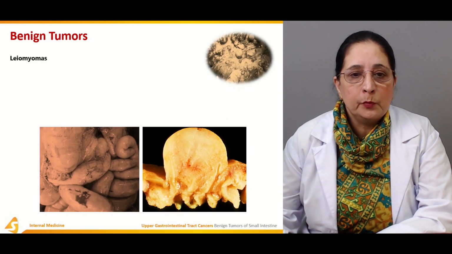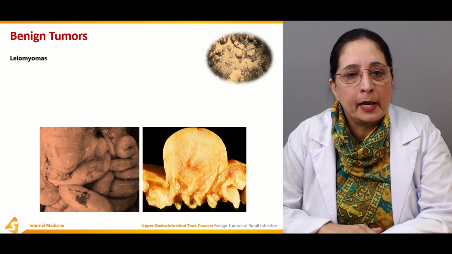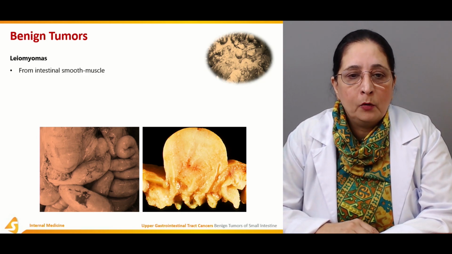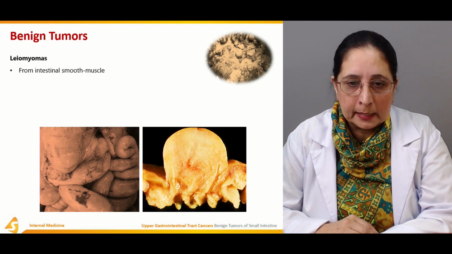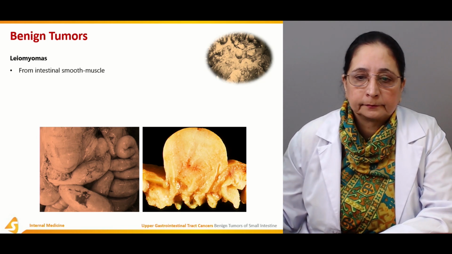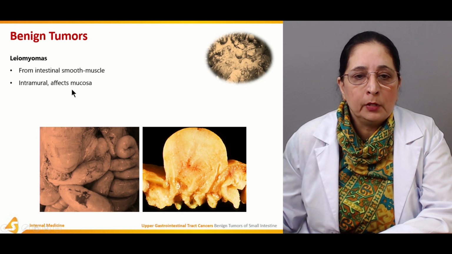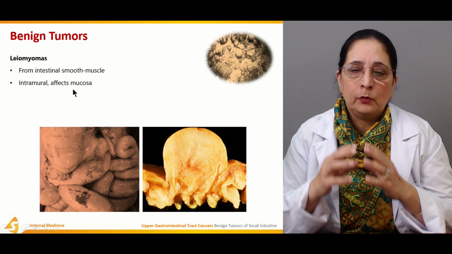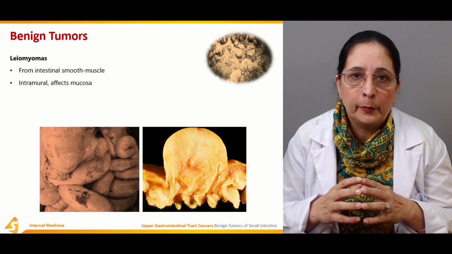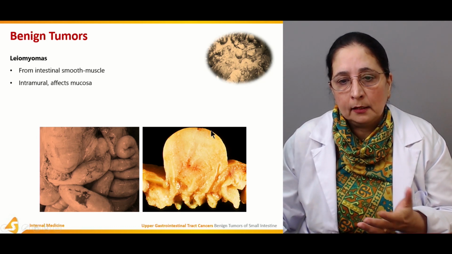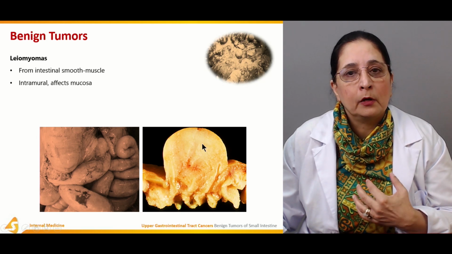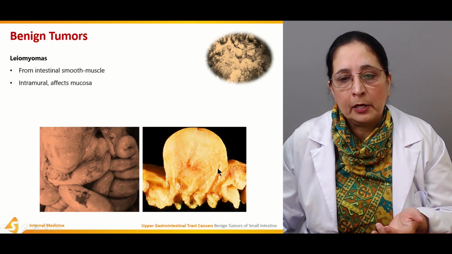Another benign tumor is leiomyomas. Leiomyoma arises from the intestinal smooth muscle. It is intramural and affects the mucosa. These are smooth muscle tumors.